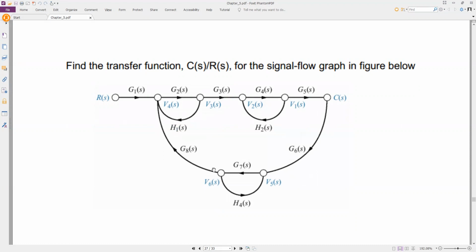And how many loops are there? I can see there are 4 loops. So look very carefully. This is the forward path.